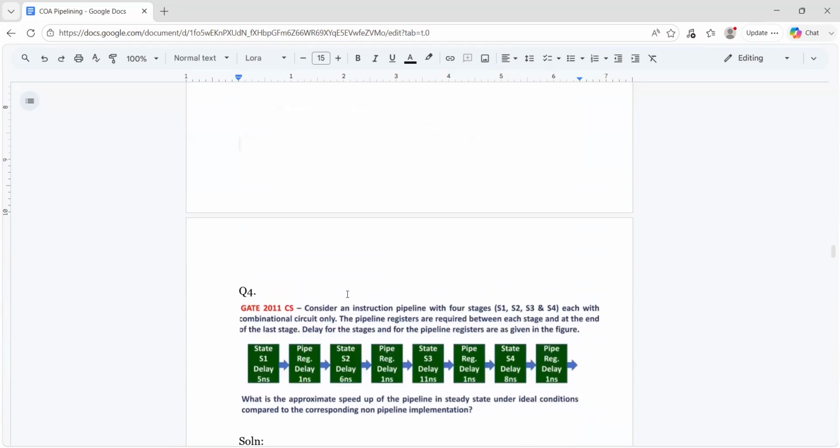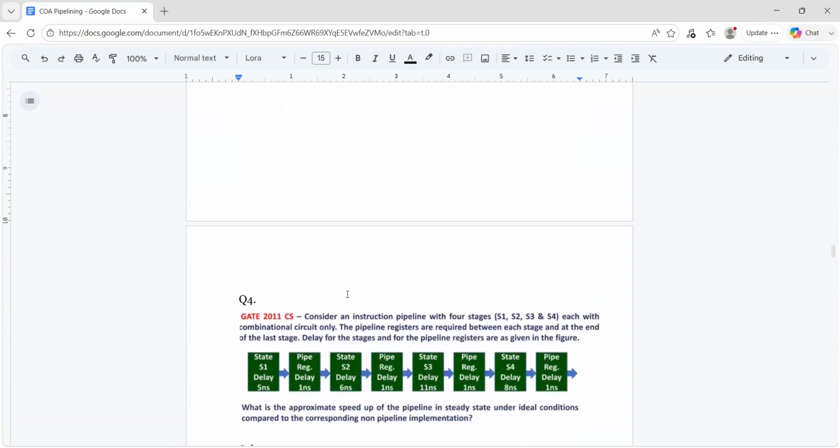Okay, now we'll solve this sum, which is a GATE question from the computer science paper of 2011. Consider an instruction pipeline. The pipeline registers are given in the figure.